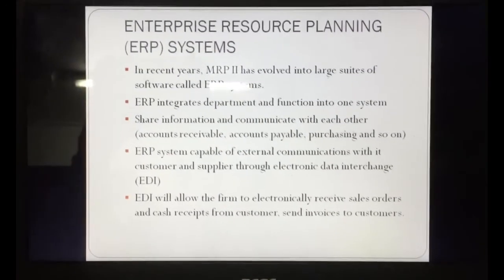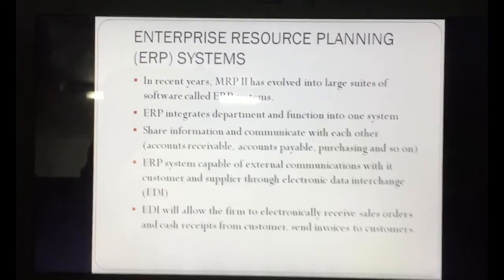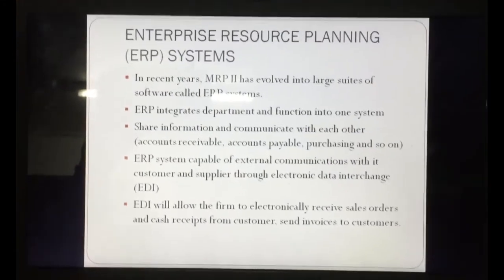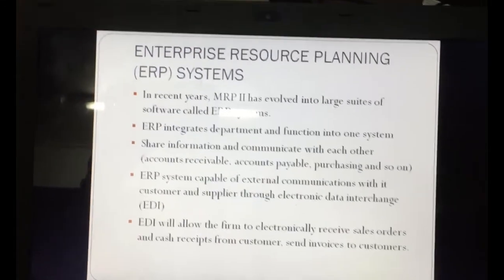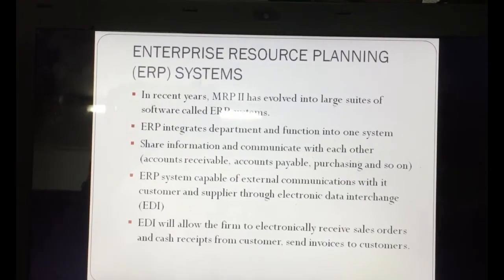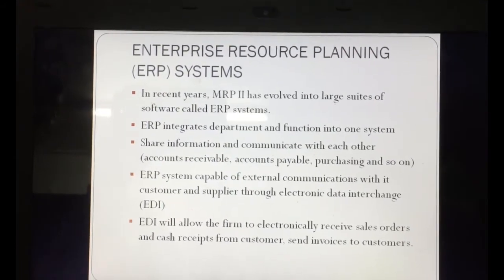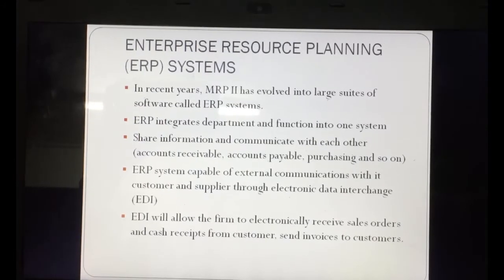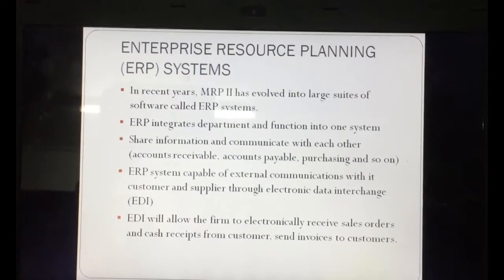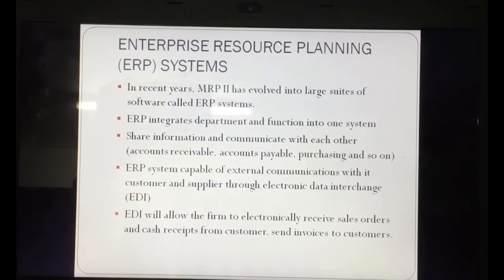And the last one, we review enterprise resource planning, which is the ERP system. MRP II has evolved into a large suite of software called the ERP system. ERP integrates departments and functions across a company into one system of integrated applications.